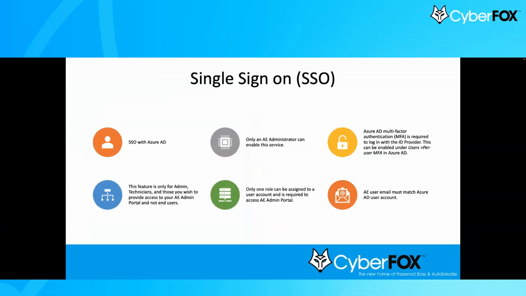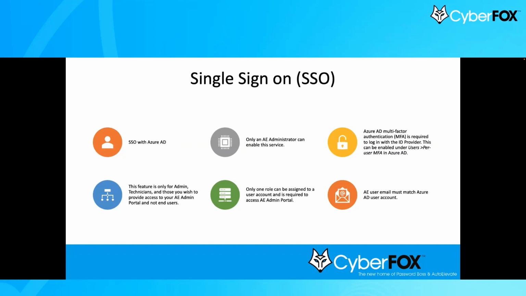Single sign-on. All right, so I just want to clear up a few things about single sign-on. This one's pretty straightforward. SSO is with Azure. This is only for users of AutoElevate. It will also do mixed mode authentication. So if you're doing co-managed and you don't want to add somebody as a guest to your Azure tenant, then you can set them up as their own AutoElevate account.